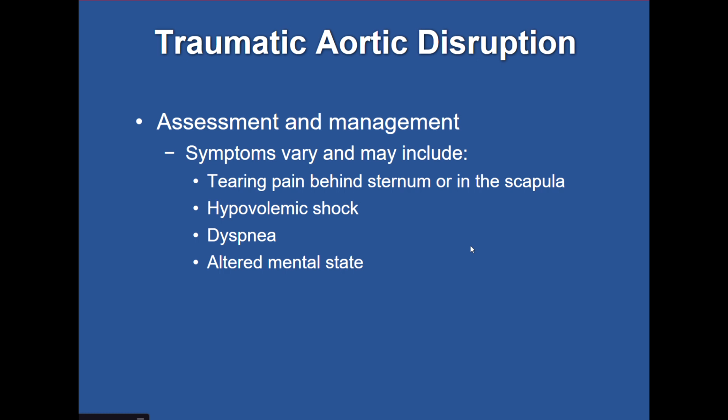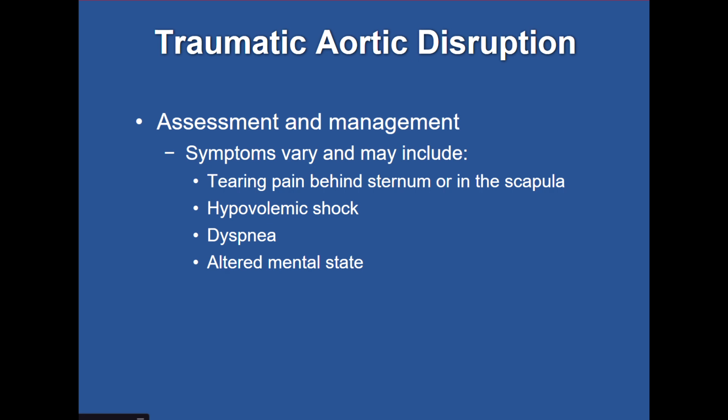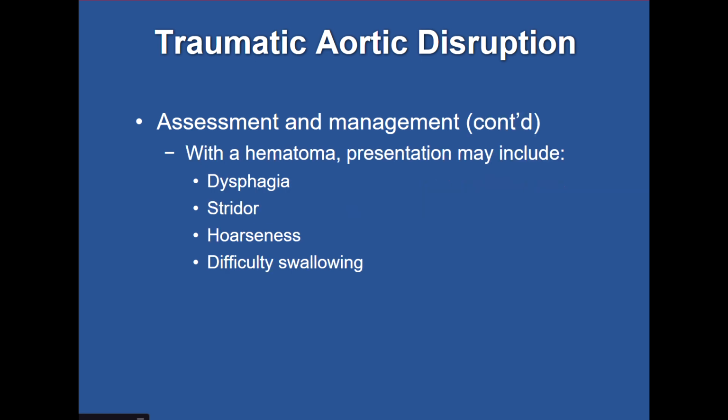So if it's lower than where the brachial arteries branch off, then they might be perfusing up above, but no longer perfusing past that, depending on how severe that break is. All right. So again, they're going to show signs of shock, and depending on where it is, if it's higher, it puts pressure on the trachea and on the airways.